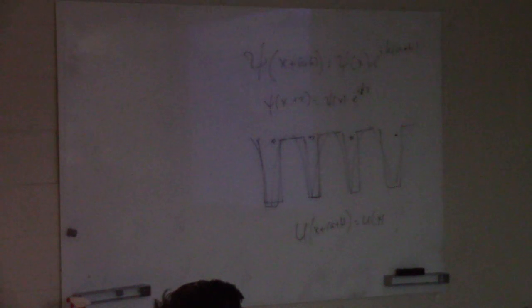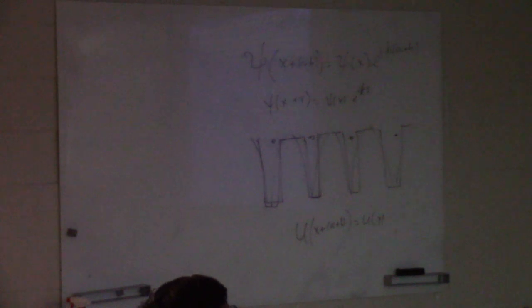If I take this range from 0 to a, x greater than 0 and less than a, in this range your u is 0, right? So that means you can neglect this term, and then d squared psi over dx squared is basically minus 2mE over h bar squared psi, right?